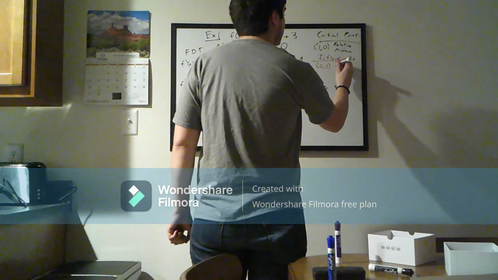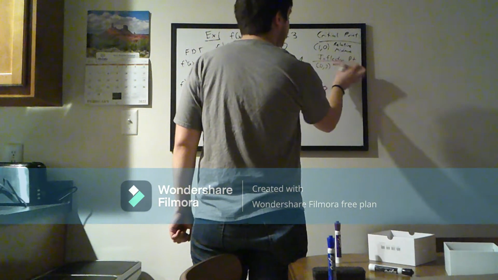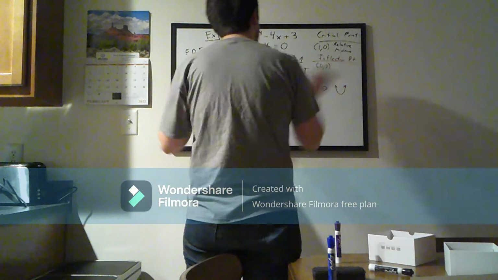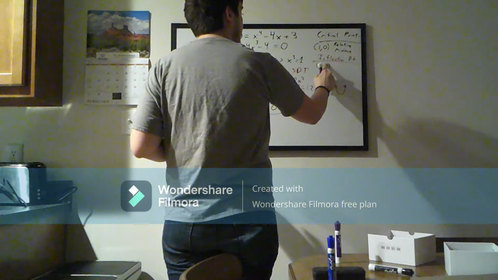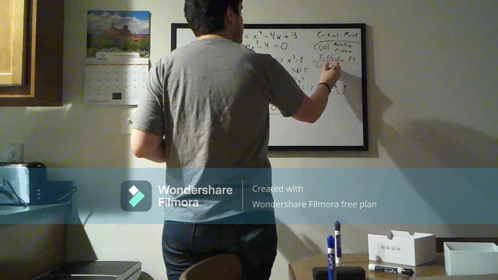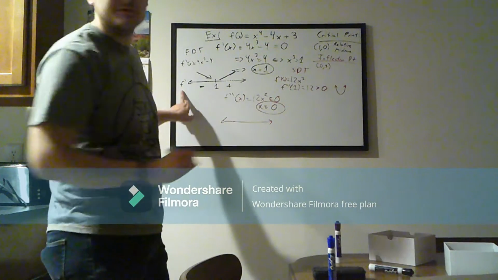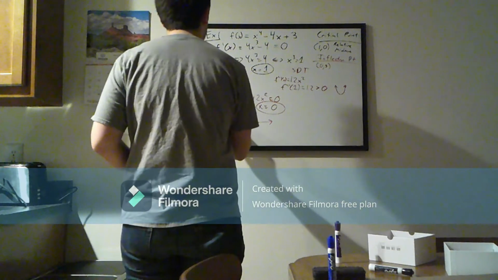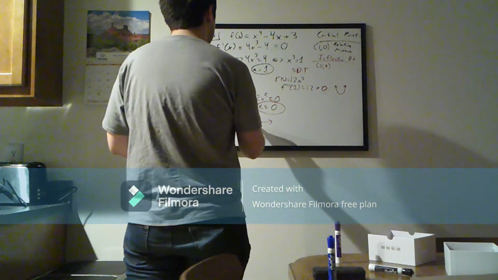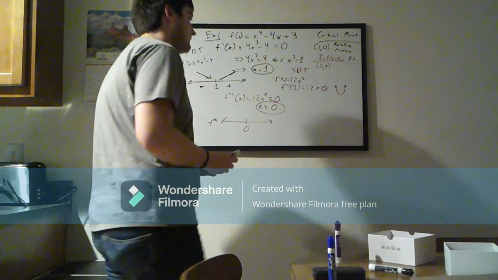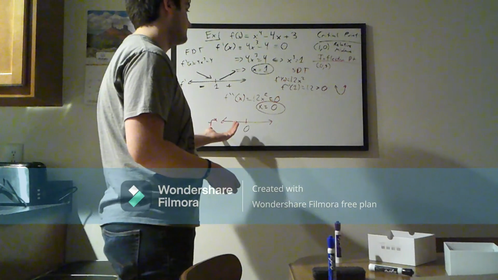So this should be an inflection point. Let's check to be sure. (0, 3). We're going to do our number line. So this number line was for f prime, and now we're going to do one for f double prime. So here's 0. Let's test the number to the left of 0.